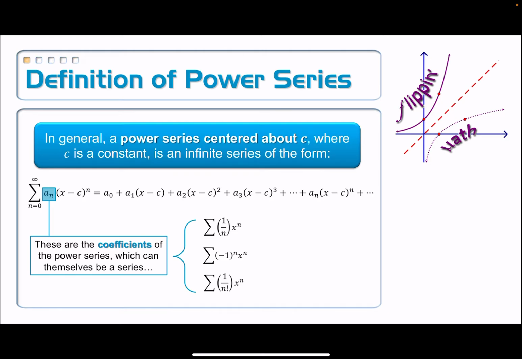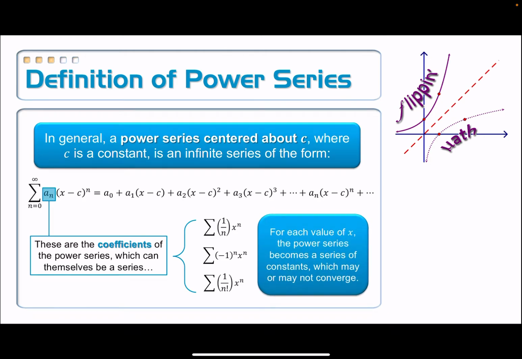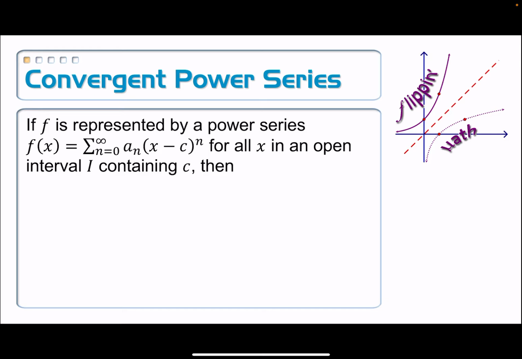It's established by this theorem. If f is represented by a power series, f of x equals the generic power series, for all x in an open interval I containing c, then guess what these coefficients a sub n are? That's right.